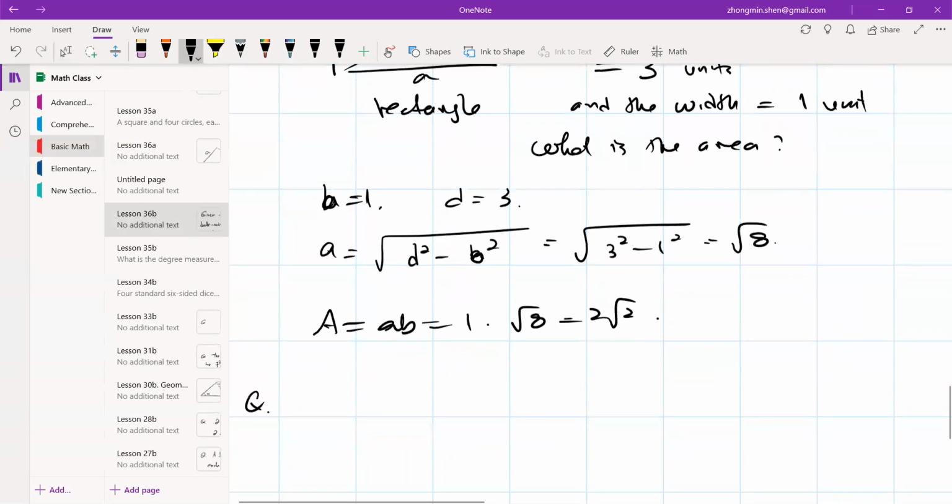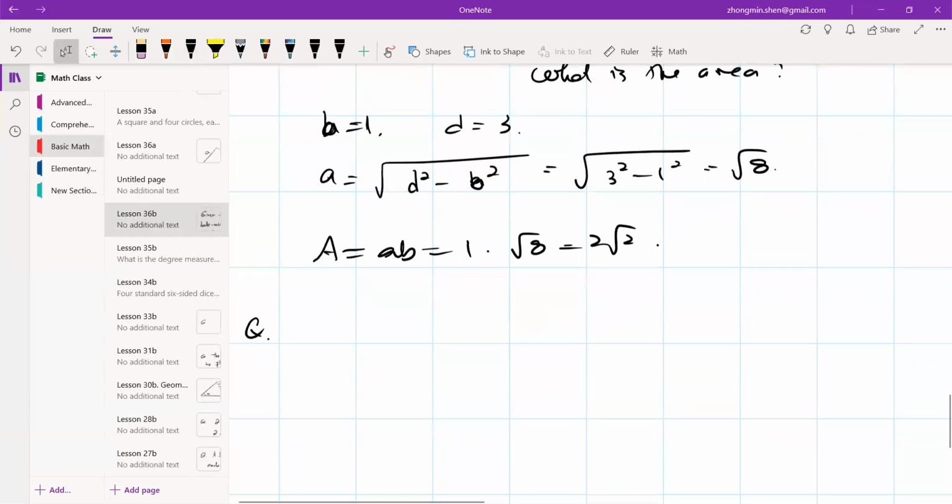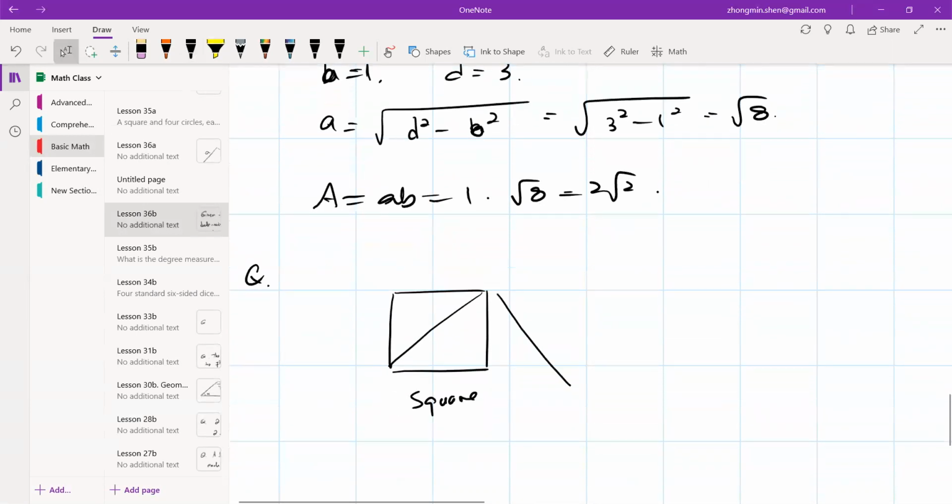My next question is, I have a square, and I have another square connected like that. This is another square. This is also a square.